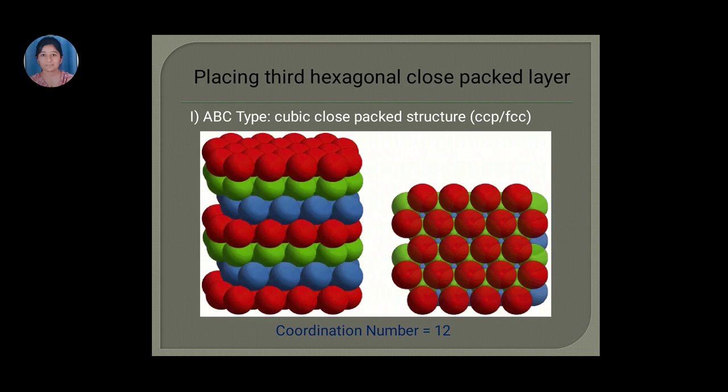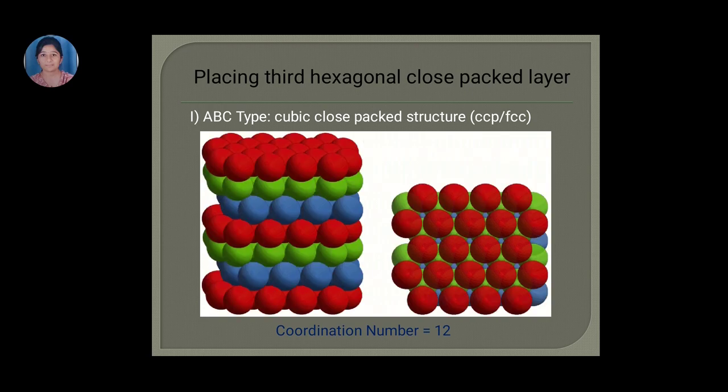When the ABC type layers are arranged together one above the other, we get a cubic close packed structure. If you consider a single unit cell among them, we get a cubic close packed structure, and it will be in this way if you see it clearly, and it has coordination number 12.